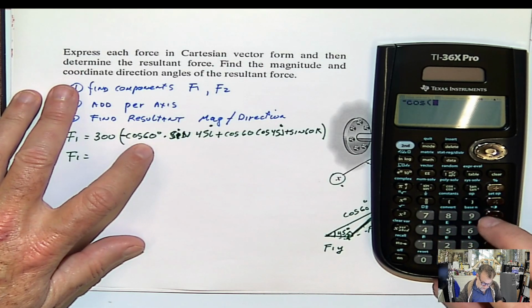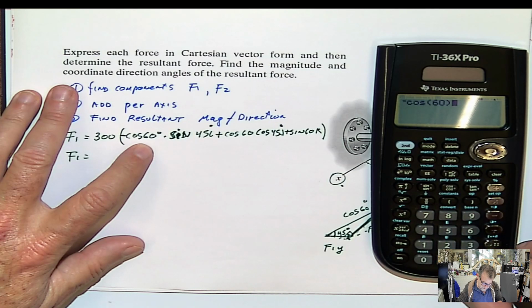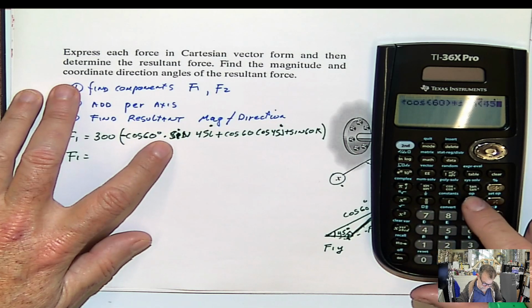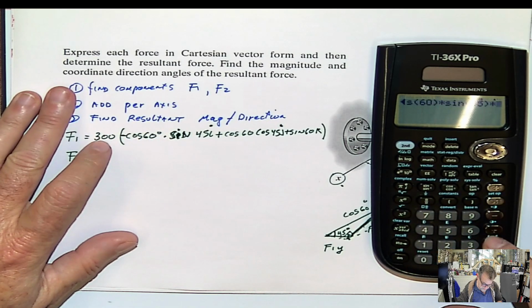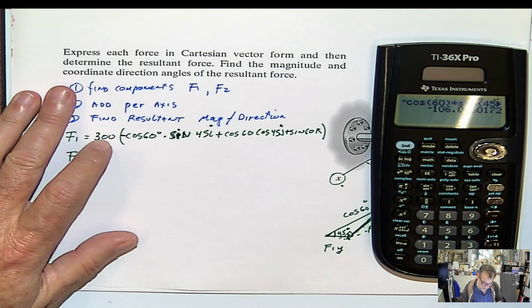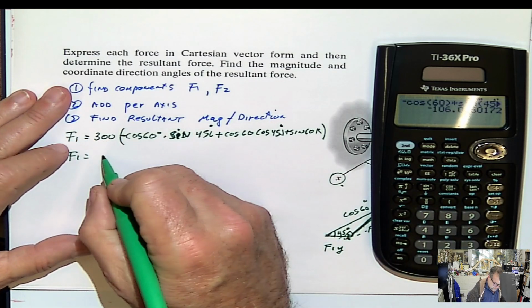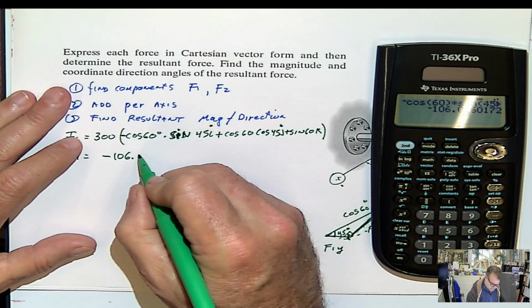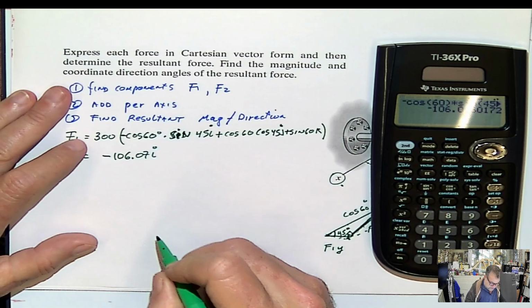Negative cosine 60 times sine 45 times 300. That will be the x component, negative 106.07 in the i direction.